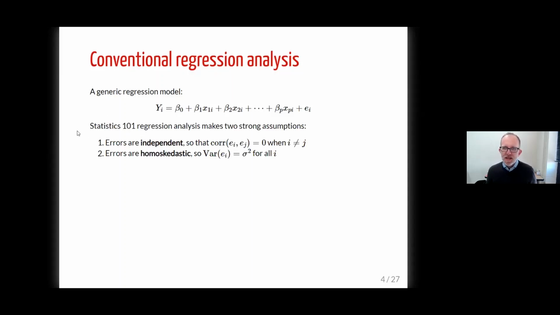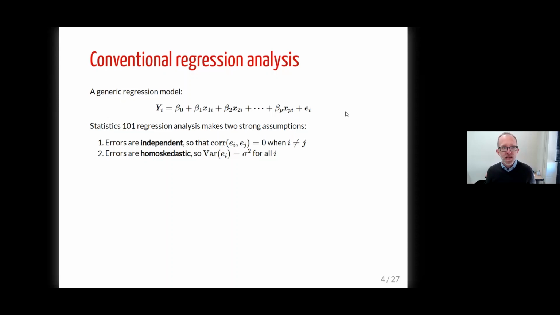In that first introduction to regressions, you probably learned it in the framework of two really pretty strong assumptions about the error terms in the model. We call these maybe the classical regression assumptions. First assumption is that the errors are all independent, so the correlation between the errors for different observations, say e_i and e_j, is zero for all distinct pairs of observations.